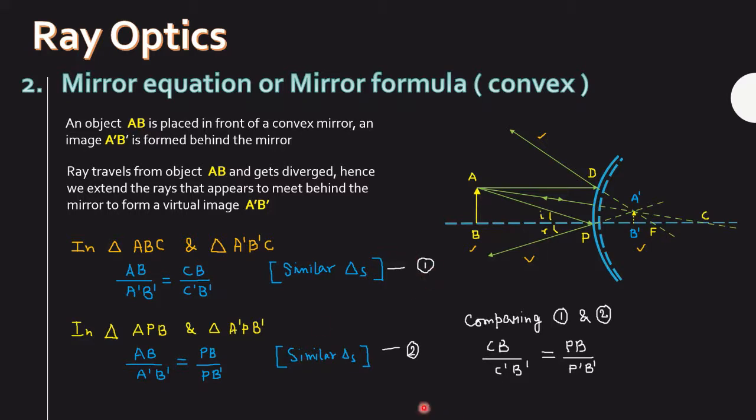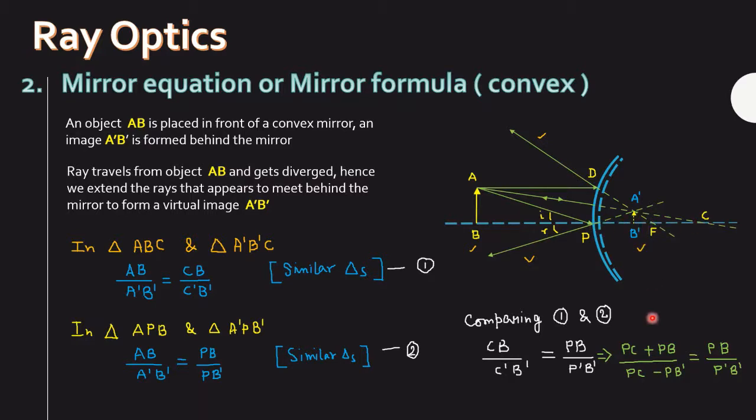Comparing equation 1 and equation 2, we obtain CB divided by C prime B prime is equal to PB divided by P prime B prime, because the left hand side of both equations is the same. We can further break the length CB into PC plus PB, and C prime B prime can be written as PC minus PB prime.